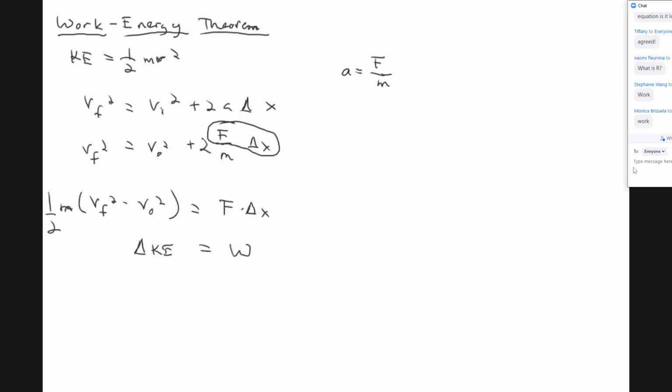So work is equivalent to the change in kinetic energy or the change in potential energy of our system. They will ask you questions about work and give you kinetic energy terms and vice versa. They'll ask you kinetic energy questions and give you forces and displacement for work. So be able to be flexible and use them interchangeably with each other.